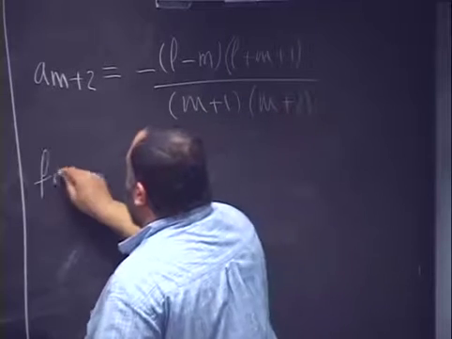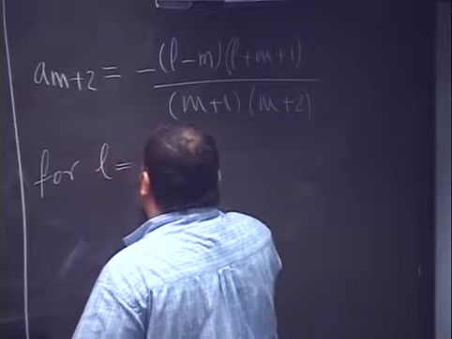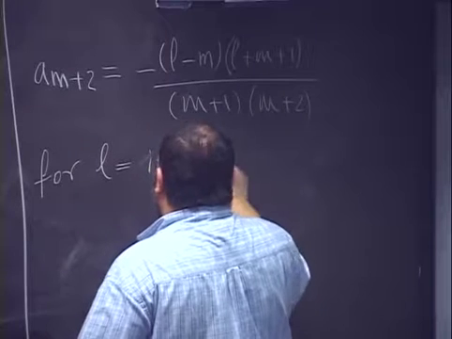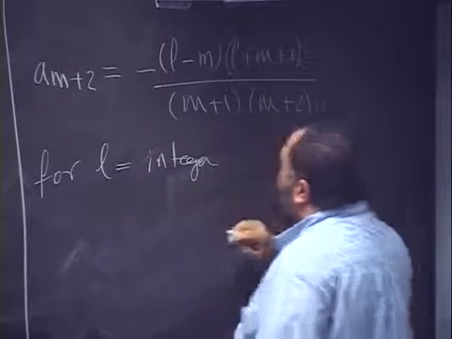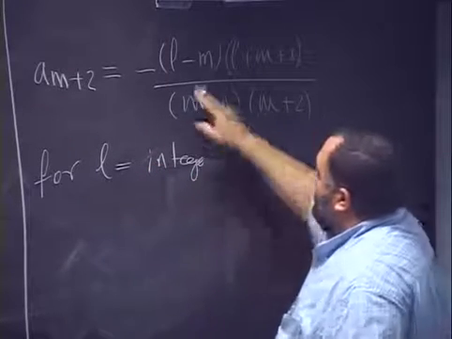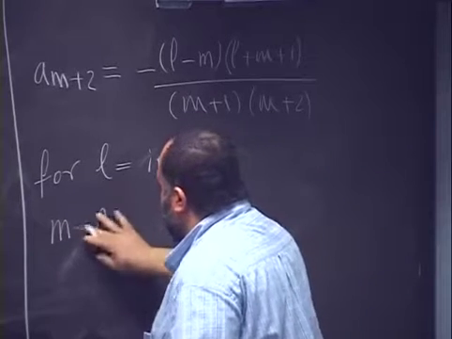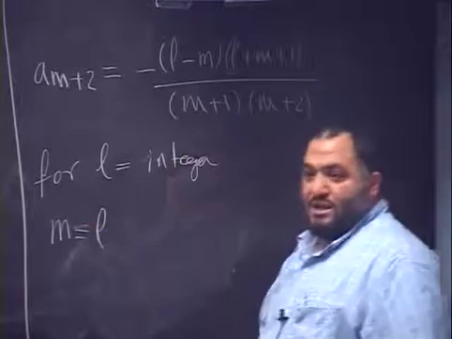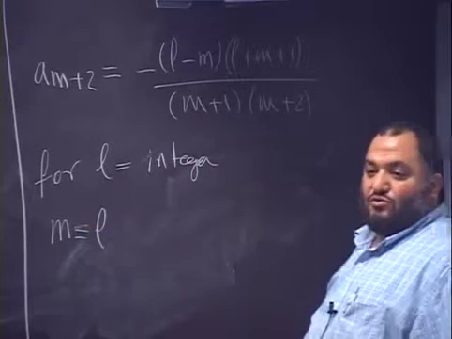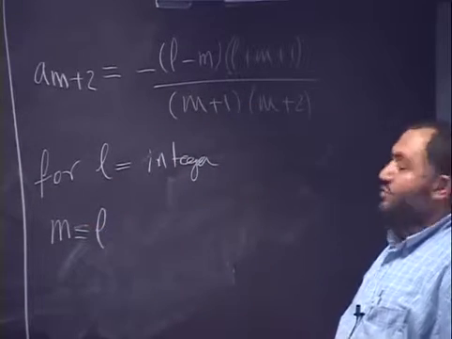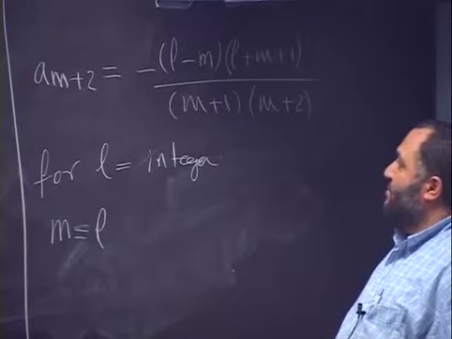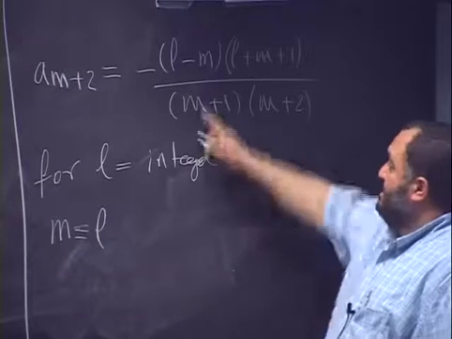So if L is an integer, what will happen when m equals this integer? Let's assume L equal to 7. So what will happen when m equals 7? Zero.